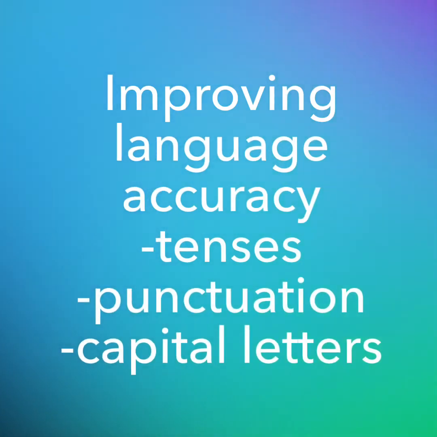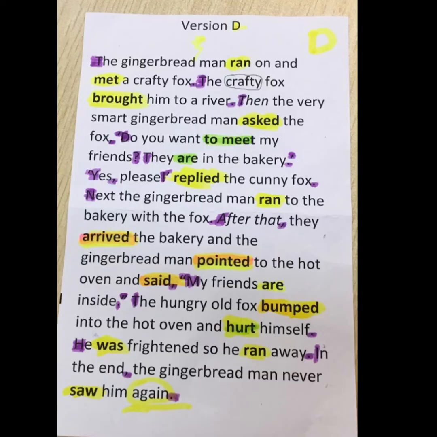In the second part of the lesson, we're going to show you how we improve students' language accuracy in tenses, punctuation, and capital letters in the writing. We told our students that they were going to play a Kahoot game together based on the version D of the new ending.